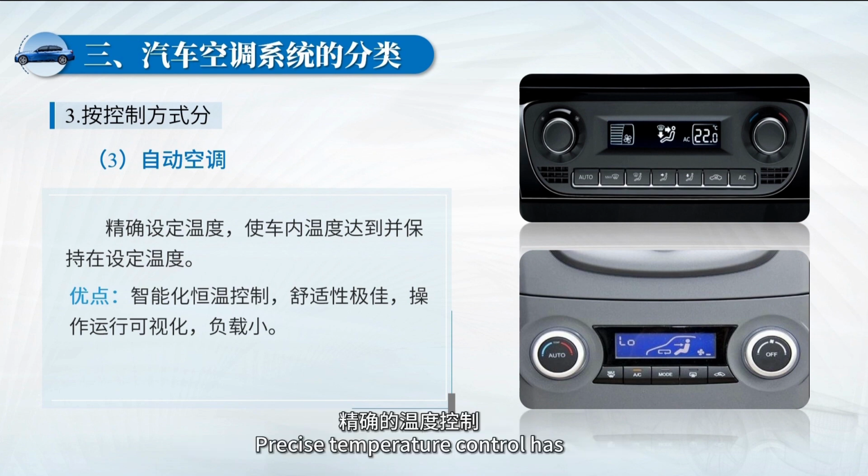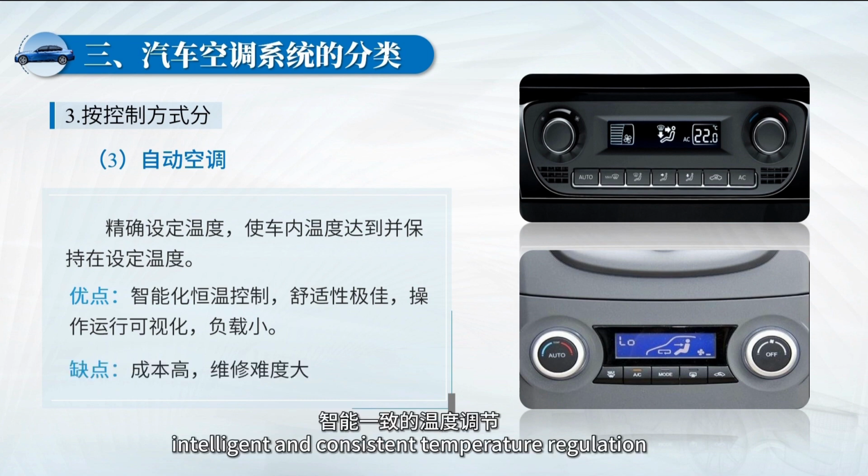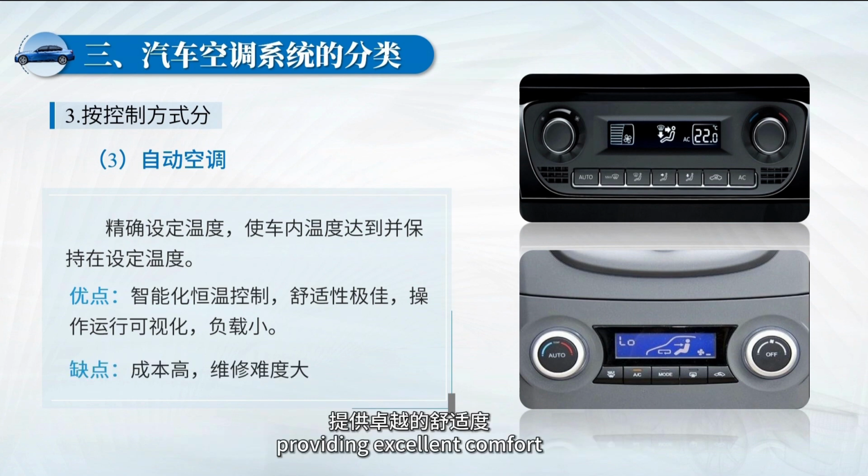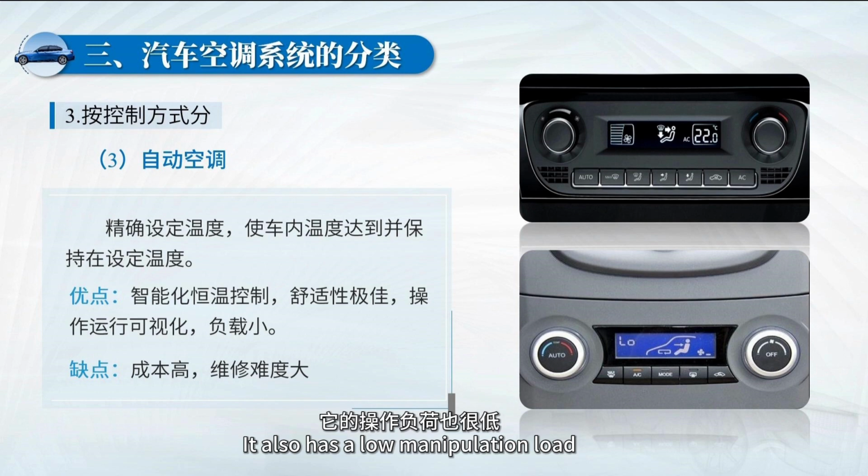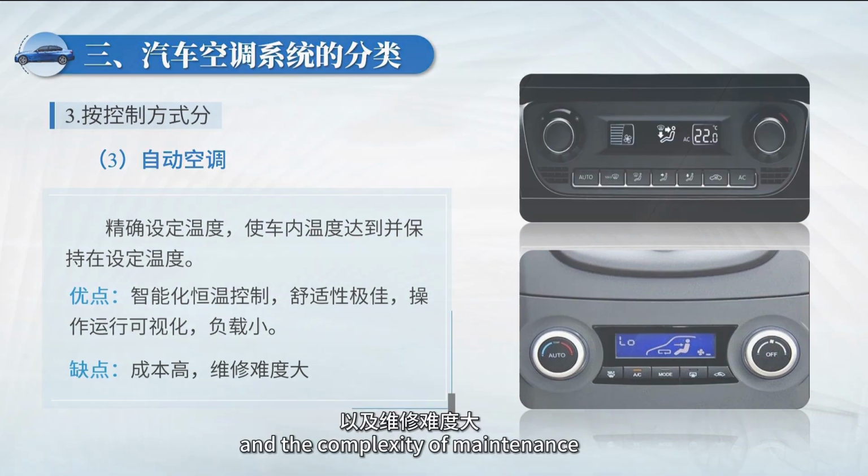Precise temperature control has the advantage of intelligent and consistent temperature regulation, providing excellent comfort and visual operation and control. It also has a low manipulation load. However, the disadvantages are its high cost and the complexity of maintenance.